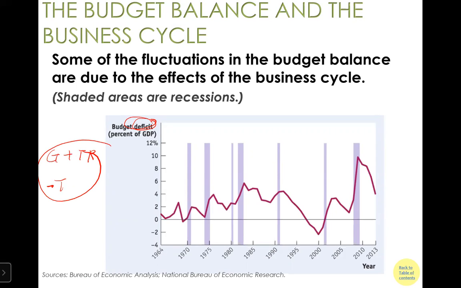We can see since 1960, in most of the years, the US government is running a budget deficit. And you should also notice that during recession, the government usually has expansionary fiscal policy, meaning reduce T, increase G, increase TR.